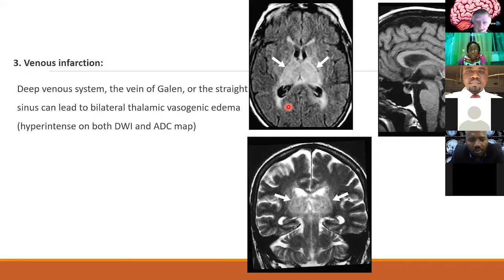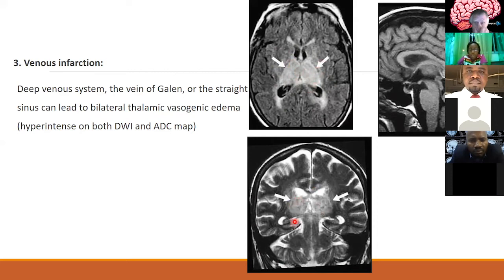This vasogenic edema appears as a hypersignal on this axial FLAIR sequence. You can see the diffuse edema of both thalami.